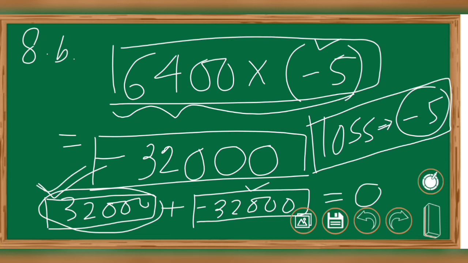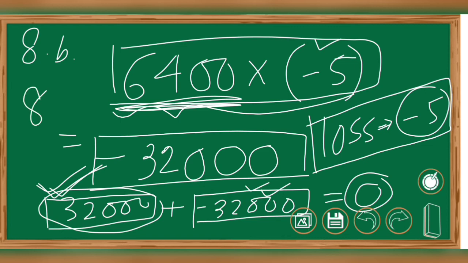It is clear that after selling 6400 grey cement bags, he has made a loss of 32,000 rupees. And if he makes a profit of 32,000 rupees again, then he will make neither profit nor loss. Okay, so you can also understand that there is a profit of rupees 8 per bag. He has made a total profit of 32,000.